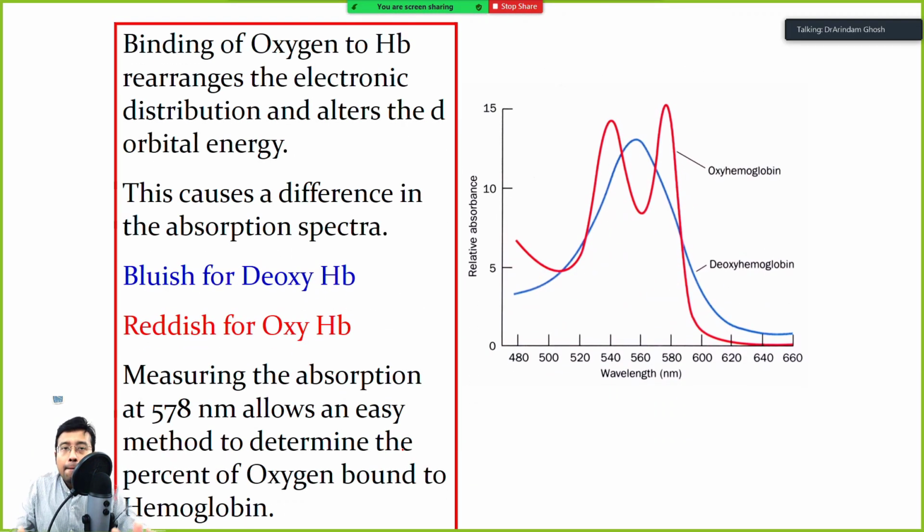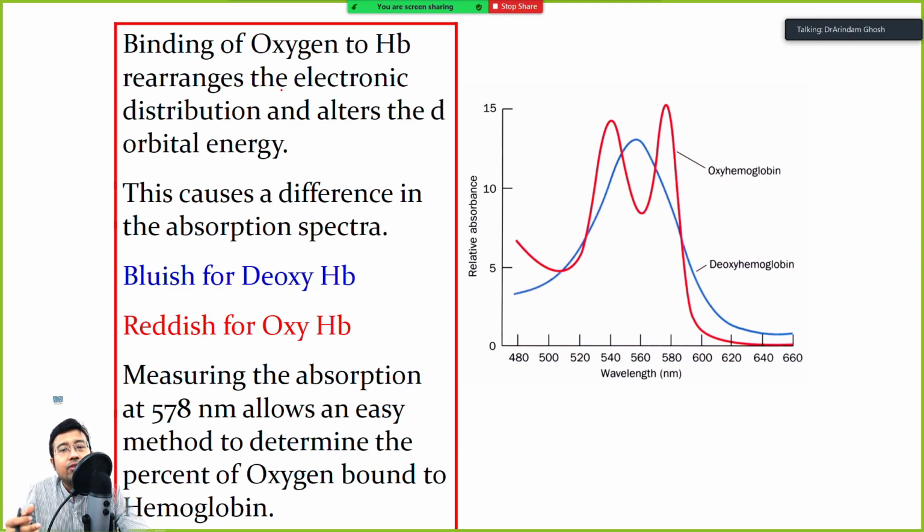Generally, let us look at the electronic configuration first. Now we look at much more detailed binding of this. You take a screenshot for understanding, not for your MCQ remembering. Binding of oxygen to the hemoglobin alters the electronic configuration and alters the d orbital energy, right?